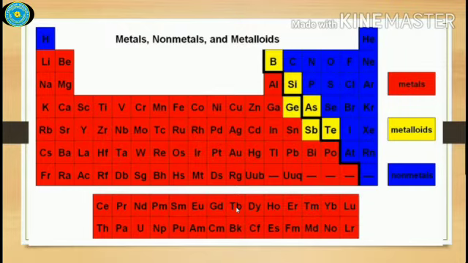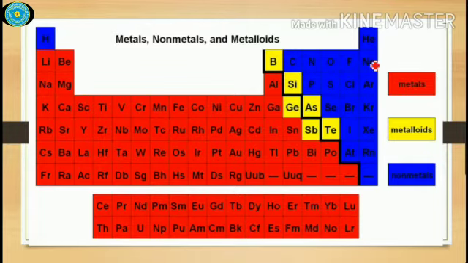Now, before going to the classification of elements, I just want to show the periodic table which consists of all the elements, where the general classification of elements goes like this.